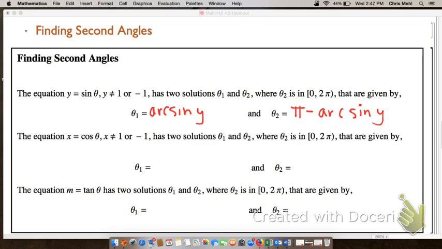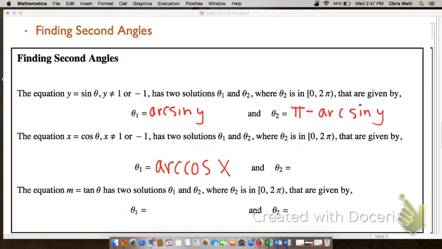Now, for the next part of the process, the equation x equals cosine theta, when x is not 1 or negative 1. In that case, there will be two solutions between 0 and 2 pi, theta 1 and theta 2. Theta 1 is going to be given by arc cosine of x.